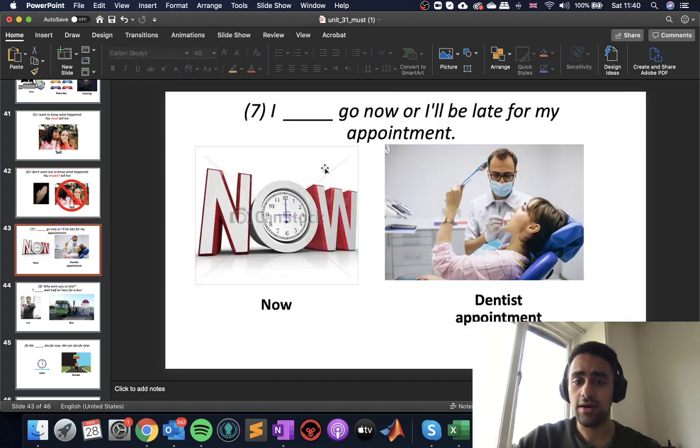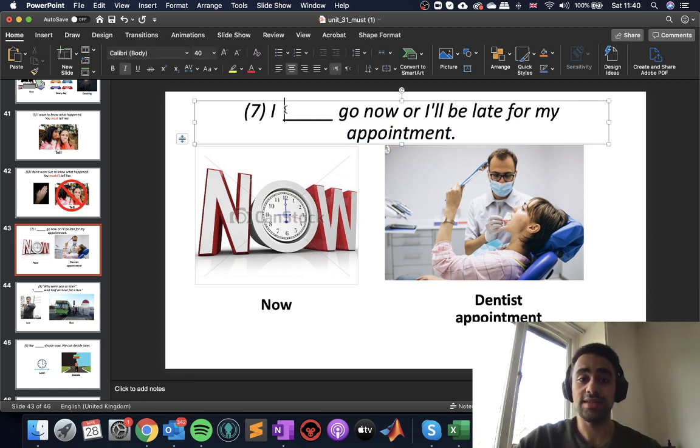I go now or I will be late for my appointment. So I have an appointment that I need to go for right now. So it is necessary that I go because I have an appointment. In this case, it will be must or had to because it's necessary.